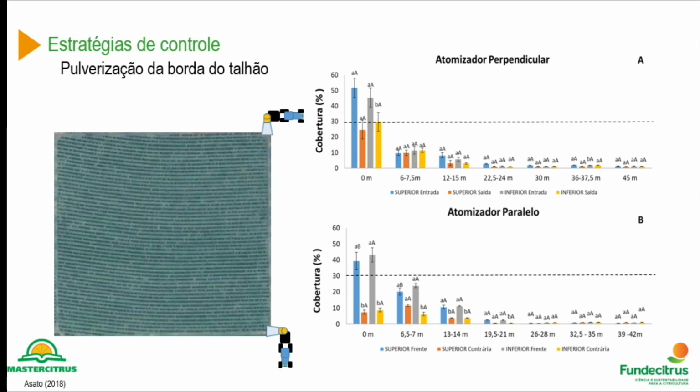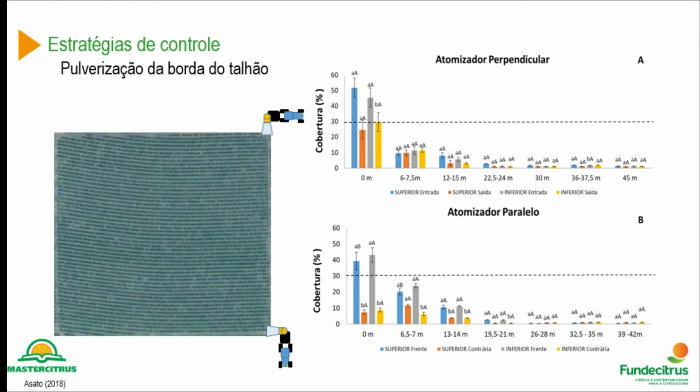That was only efficient in the first plant. The second plant had coverage of 10% or less. And so I'm just protecting the first plant, and that is when I have a spraying in the perpendicular direction.